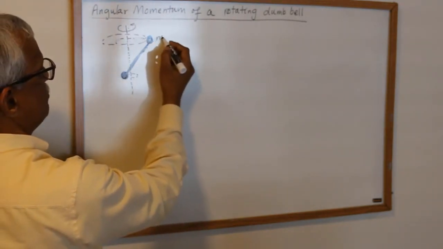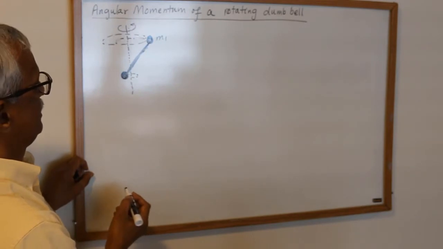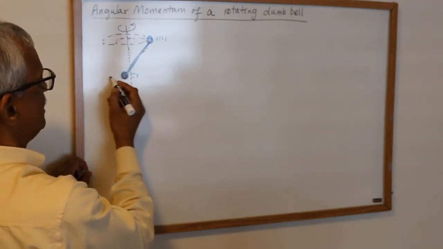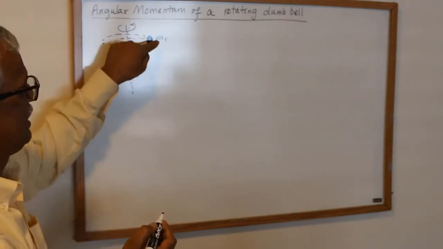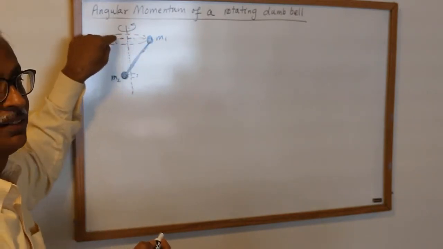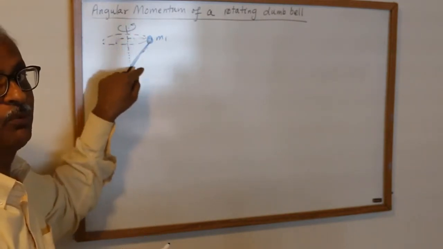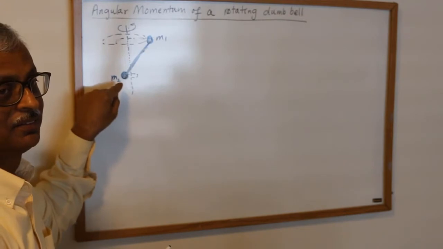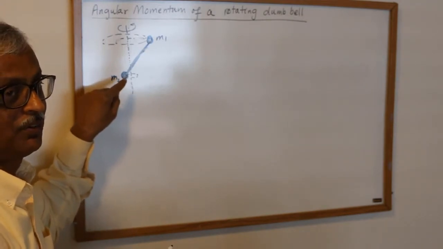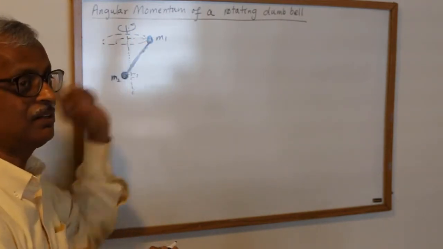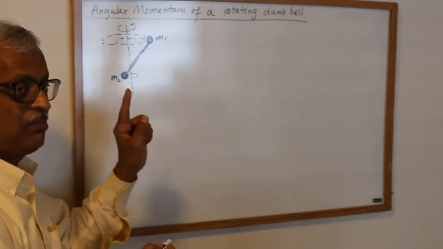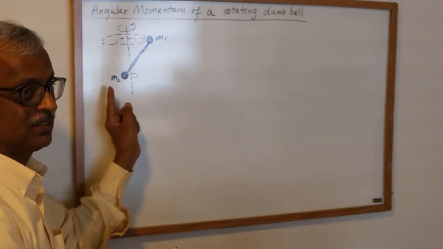Let's call this M1. So you can see that when M1 goes 2 pi, in the same amount of time M2 goes 2 pi. It goes full circle once. In the same amount of time, this also must go full circle once.